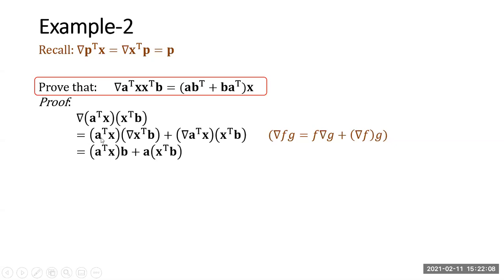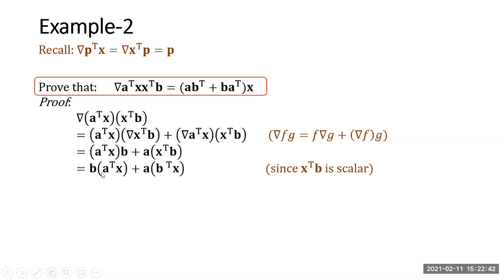So this is the first function, A transpose X. What's the derivative of X transpose B? It's B. And then what's the derivative of A transpose X here? A. A times X transpose B. Now, since X transpose B is a scalar, I can replace it with B transpose X, right?